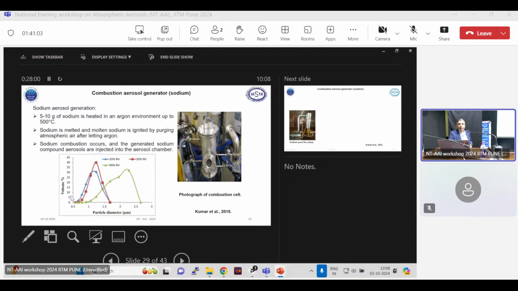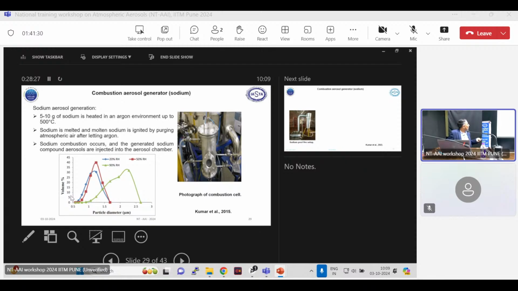Then this reaction becomes faster, and aerosol is generated by the chemical reaction of sodium, moisture, and oxygen. Then we open the gate valve and pump the aerosol into an aerosol chamber. And then we characterize this aerosol size distribution initially.